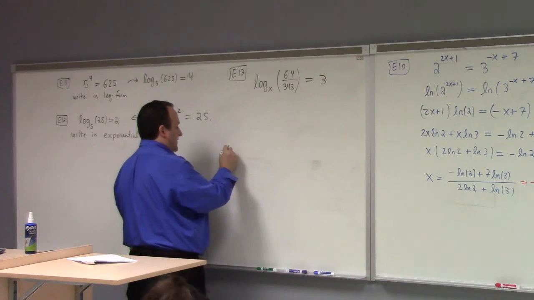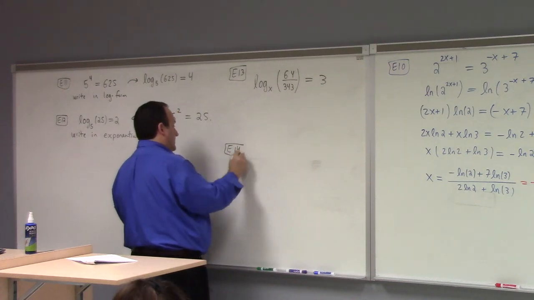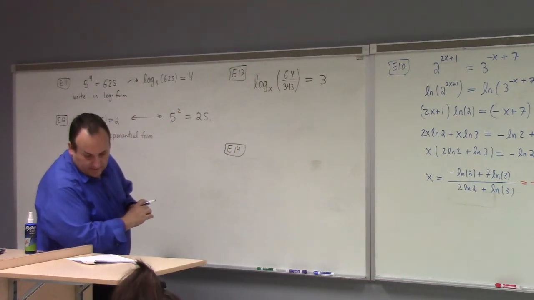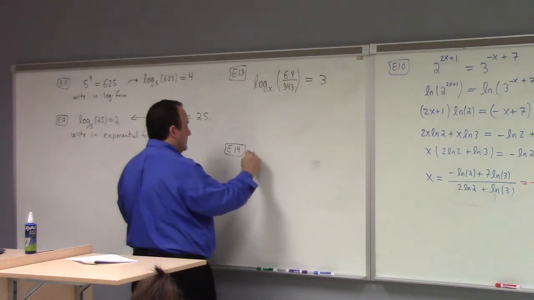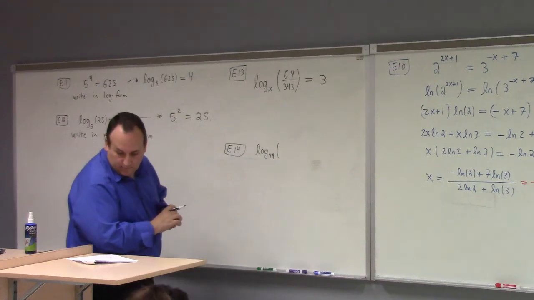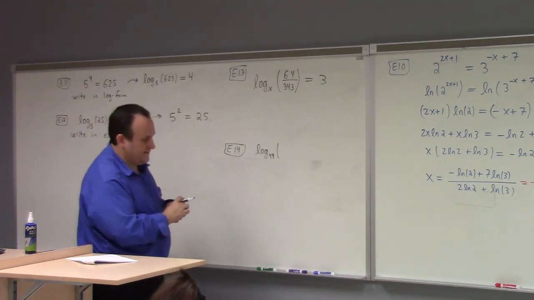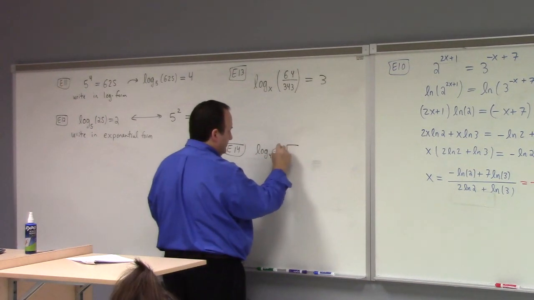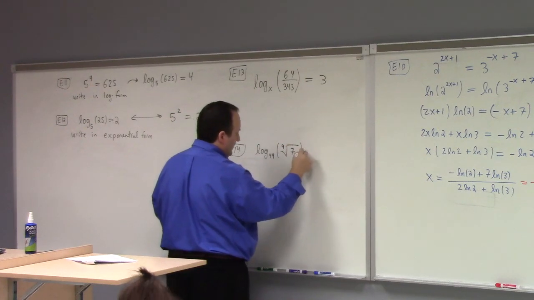We'll chew on that for a second here. Example 14, we'll look at log base 49 of the 9th root of 7 equals x.